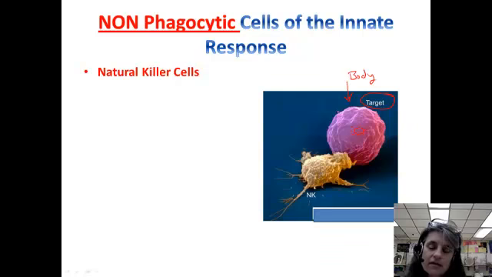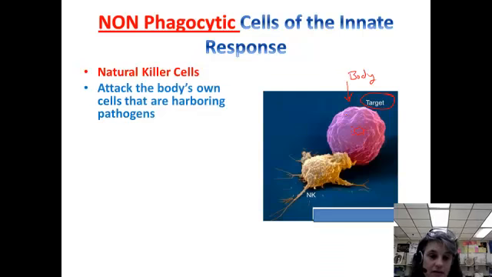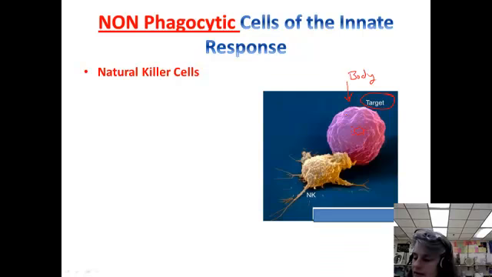What the normal body cell does when it is infected with something bad like a virus or bacteria, it secretes chemicals that are messengers. They are called interferons. Okay?